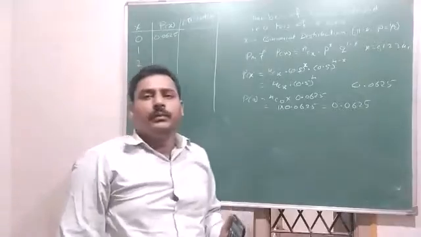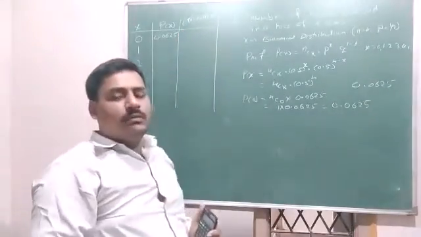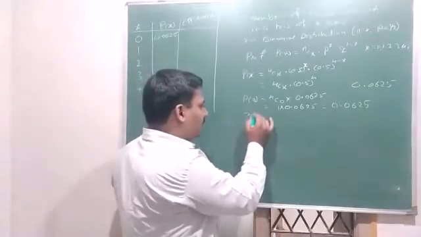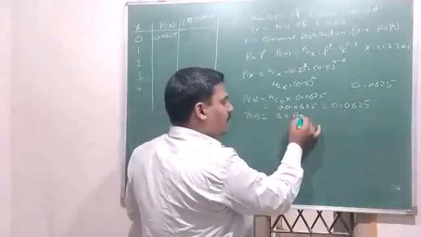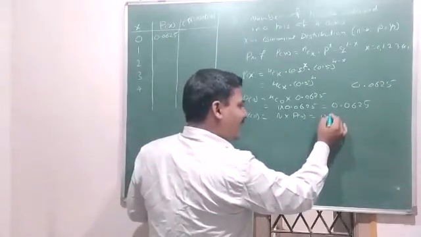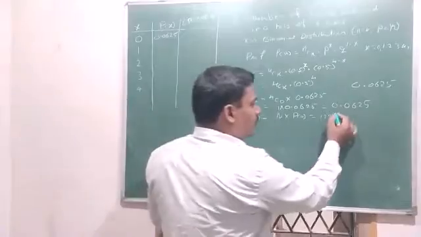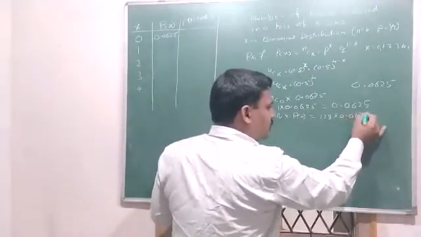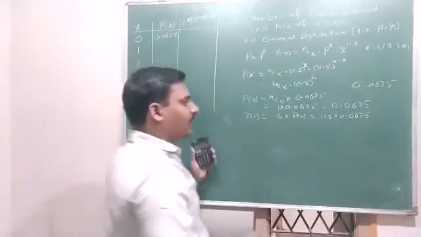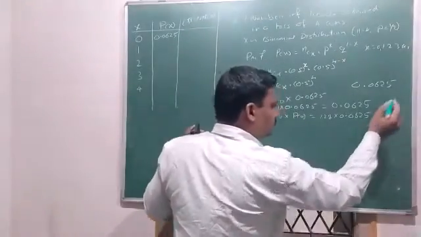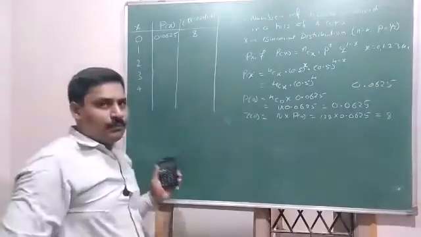Now the theoretical frequency: the formula is T of 0 is equal to N into P of 0, where N is 128 because the coin is tossed 128 times, into 0.0625. Multiplying by 128 we get 8. So the first theoretical frequency is 8.